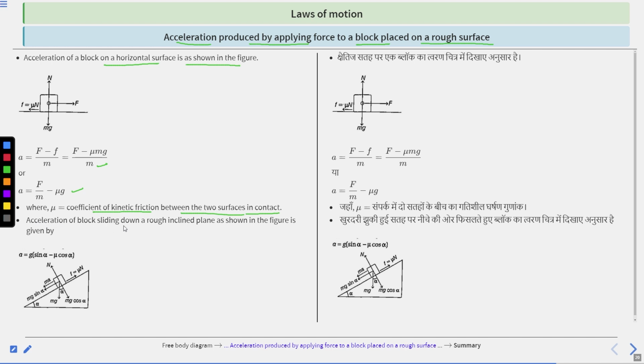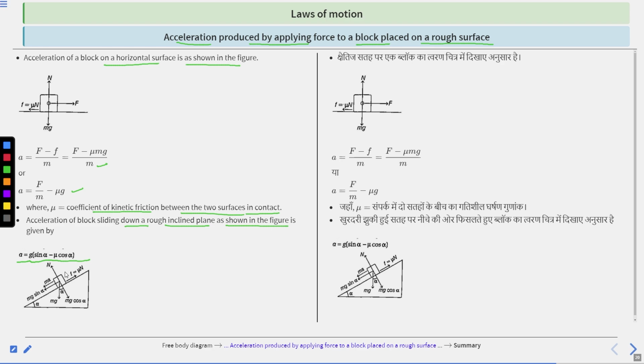And for acceleration of a block sliding down a rough inclined plane, as shown in the figure, a equals g sin alpha minus mu g cos alpha. Clear? So this is the acceleration after resolving all components of the acting forces.